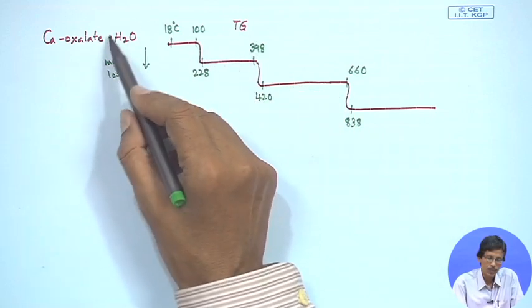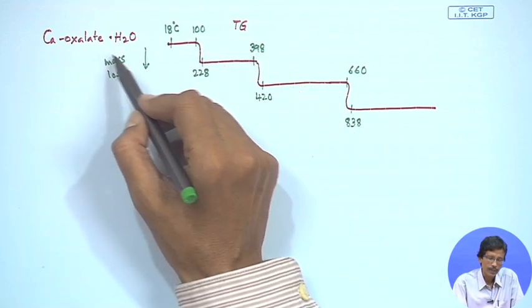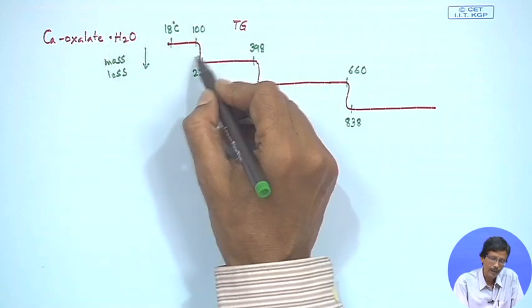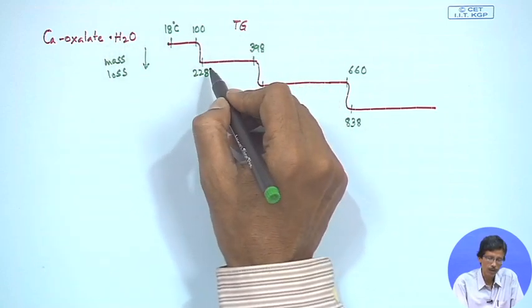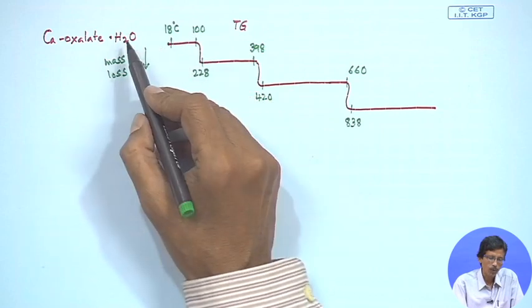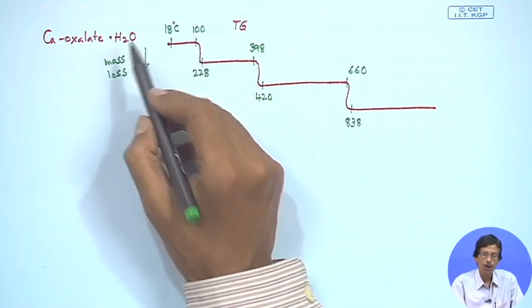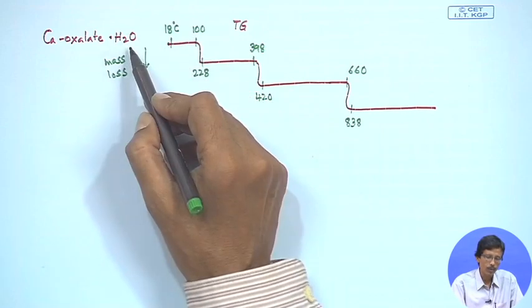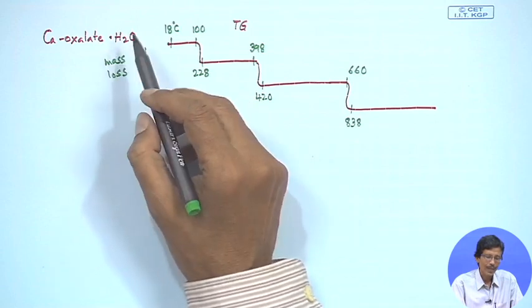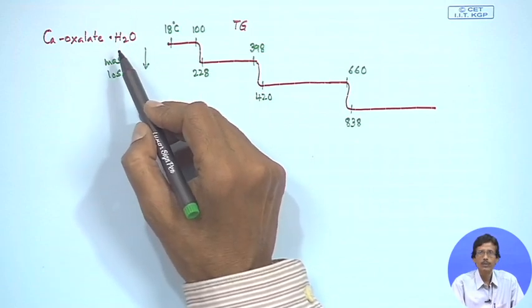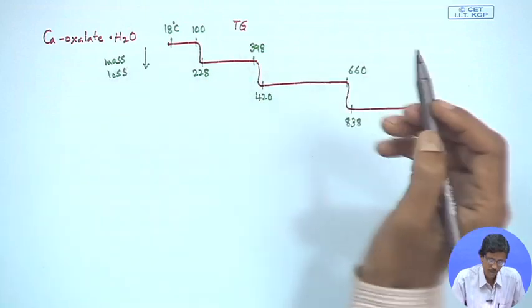Initially it goes this particular one. So, that means the water molecule and the mass loss at this particular point, whether that will correspond to a single water molecule or a double water molecule or triple water molecule, also signifies the number of water molecules present with this calcium oxalate sample.